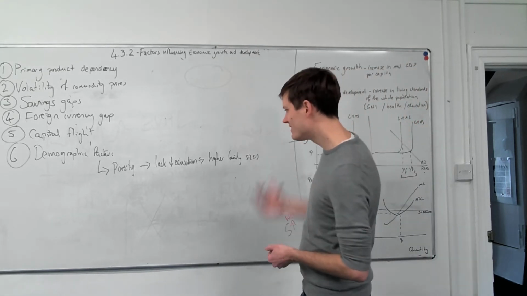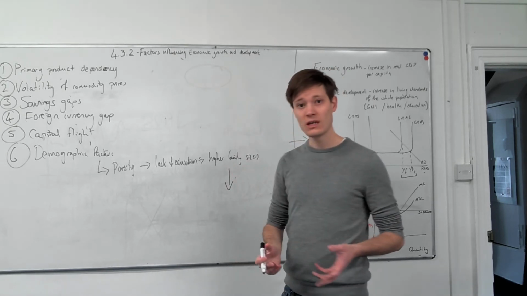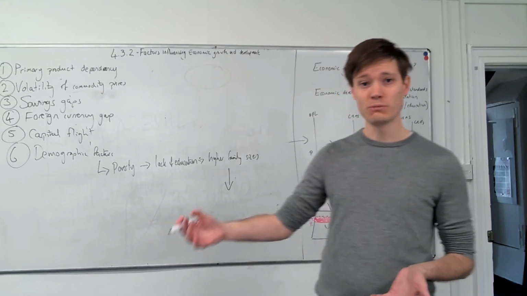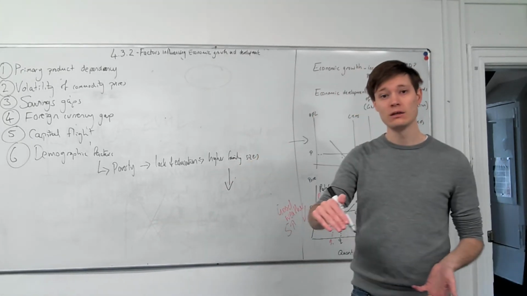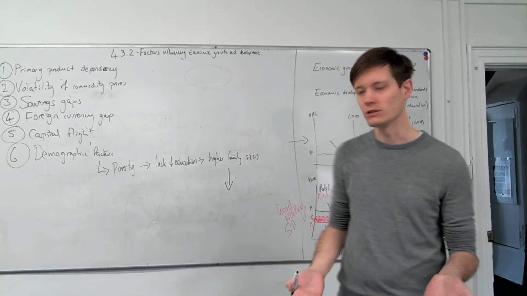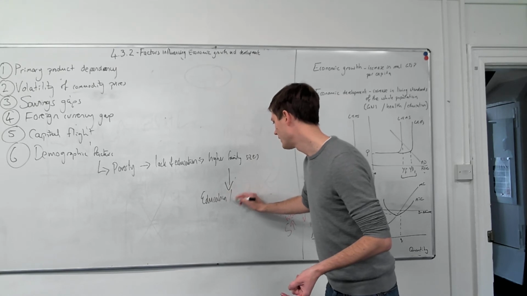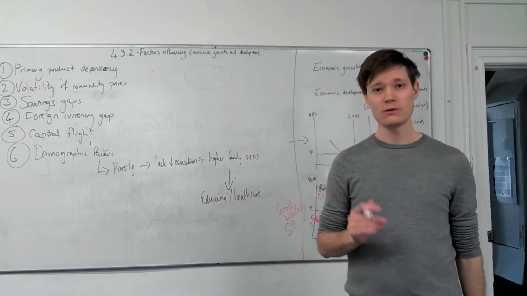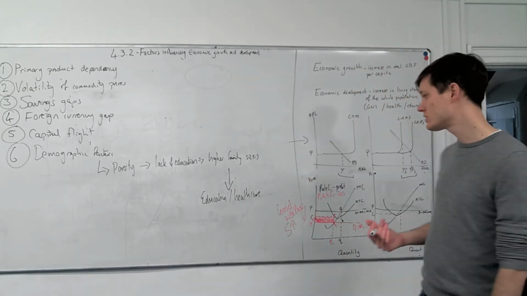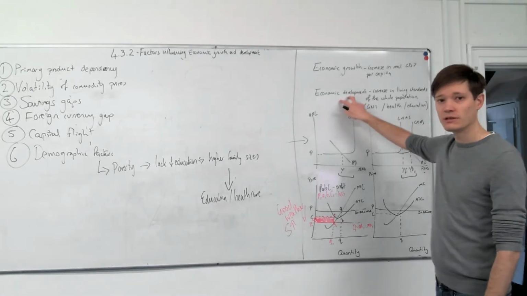If you've got a high dependency ratio, that means that higher family sizes results in what we call intergenerational poverty traps, because higher family sizes means that you can't pay for your children's education. So the education and healthcare that you see is likely to be weaker. If you've got weaker education and healthcare, you're going to therefore get weaker economic development.